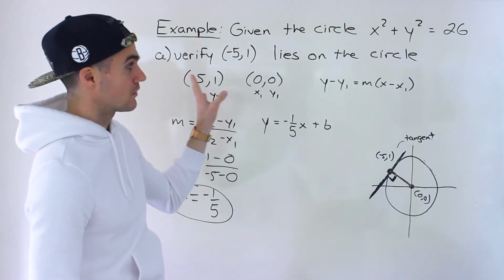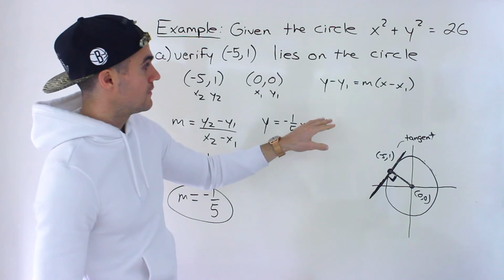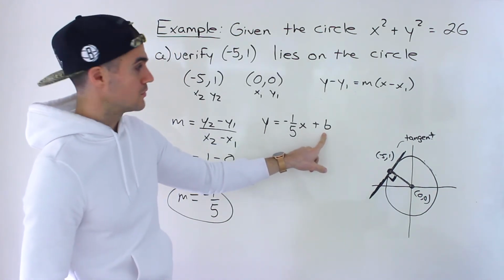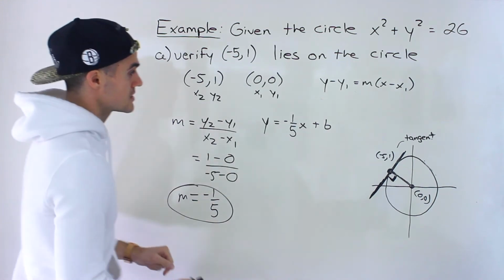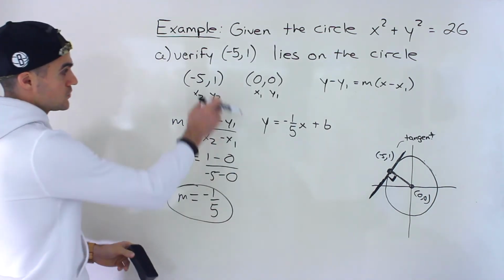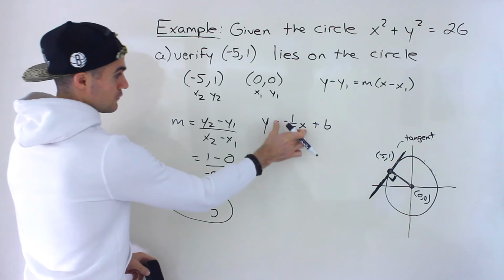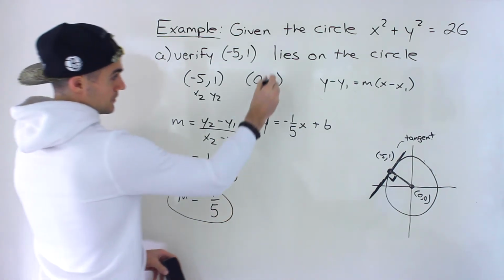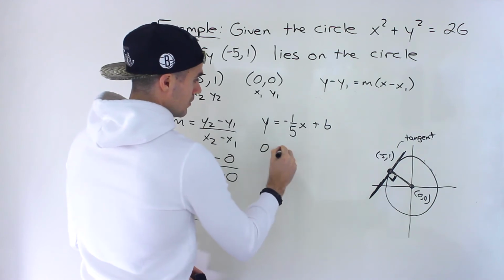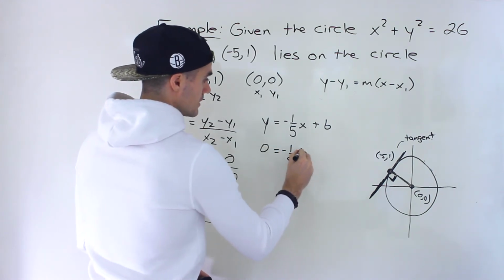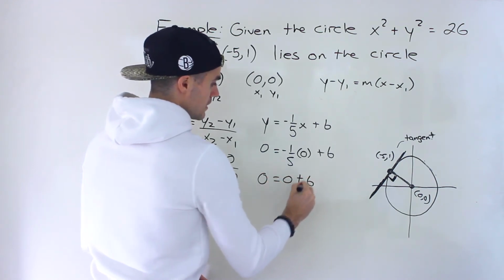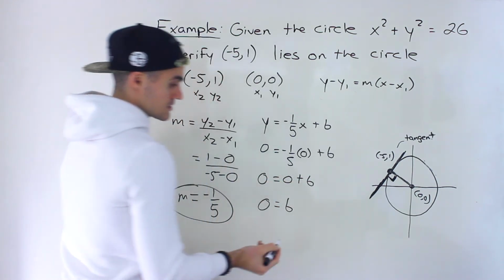Actually, you could plug in either of these points, and then you'd bring everything to one side except for this y, and then you'd end up with your b value. Personally, I just like to use this over here. And between these 2 points, it doesn't matter if you plug in this one for x and y or this one for x and y, you're going to get the same b value. In my opinion, obviously the 0 and 0 is easiest to plug in because you'd end up with 0 equals 0 plus b, and then the b value is just 0.